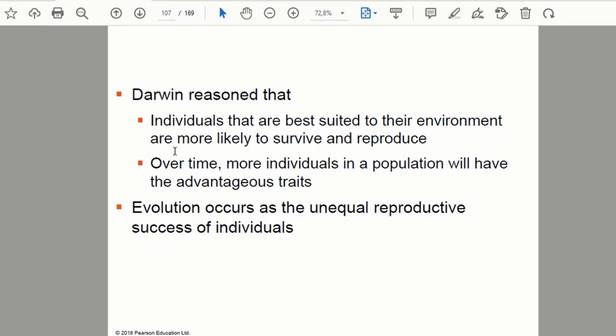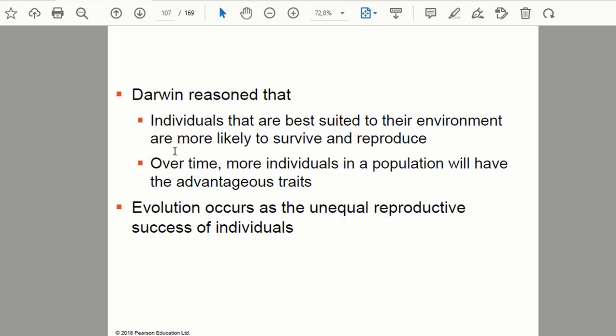So if you have a character such as a shell shape, where predators feed on you and you have a shell you can hide in, and there's another individual who doesn't have a shell to protect them when the predators come, those predators will wipe out all the individuals in that population who don't have the shell.